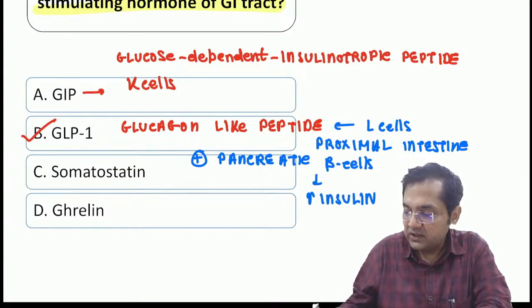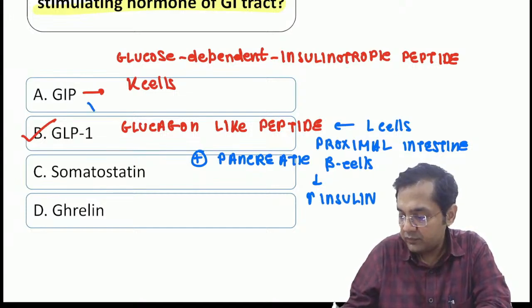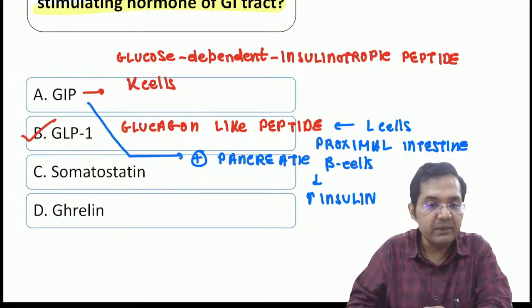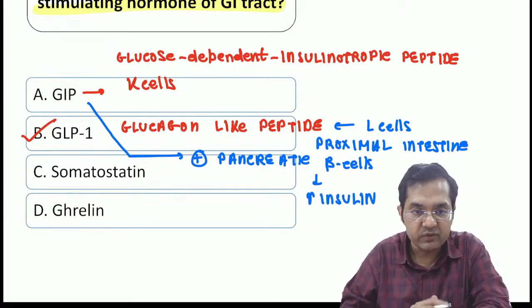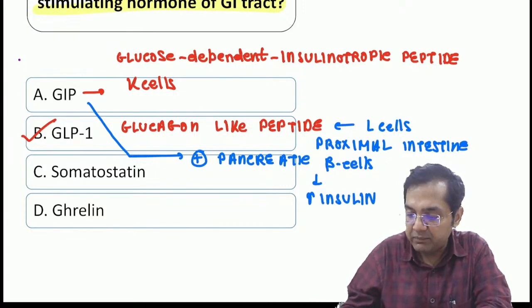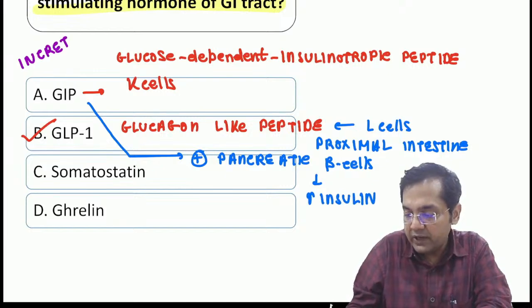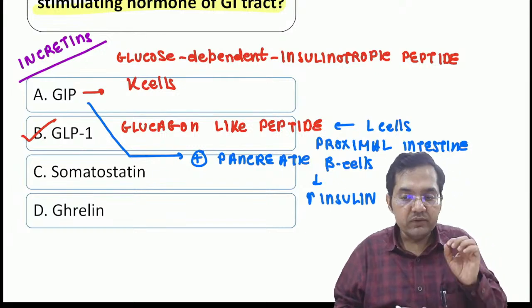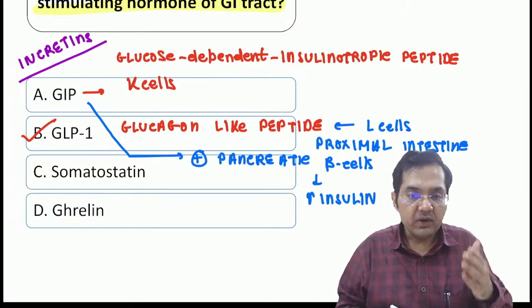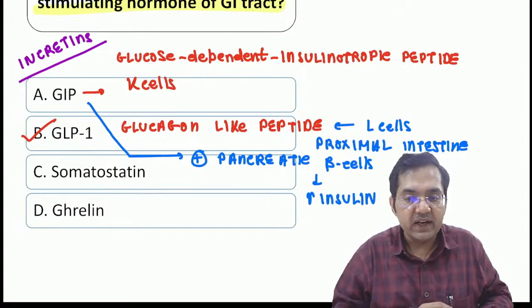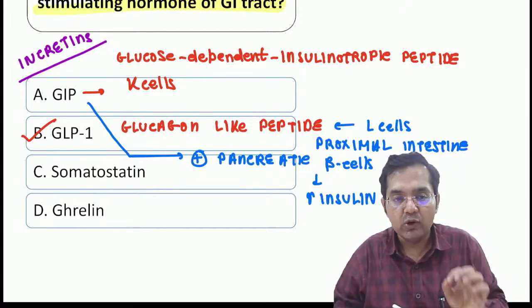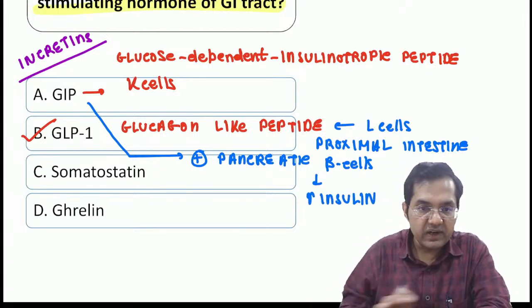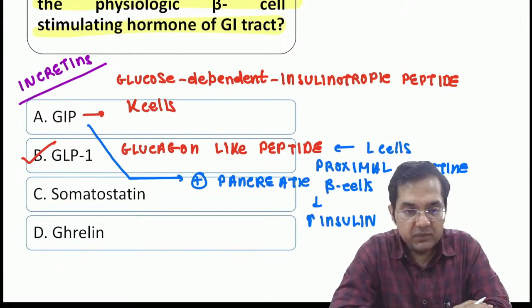And remember, GIP also stimulates the pancreatic beta cells to release insulin. Both of them belong to a family of hormones known as incretins. Must know. Because glucagon like peptide was discovered earlier, they named it the physiological beta stimulating hormone of the GIT, right? Somatostatin actually inhibits the insulin release, and ghrelin is a hormone which basically makes you eat more.